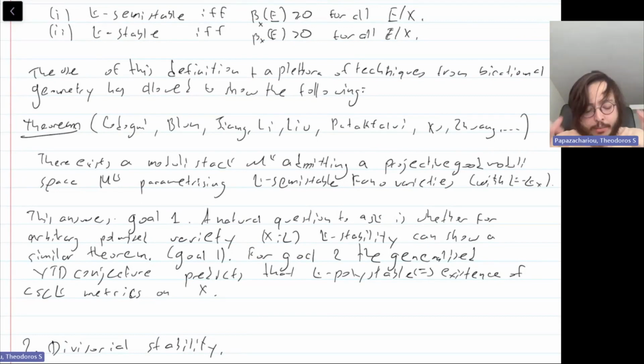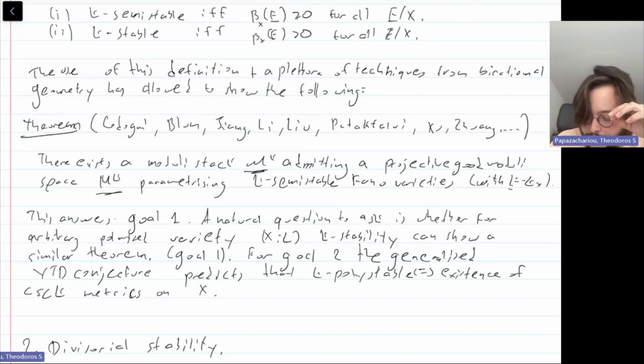But the key point here is that there exists a moduli stack, this curly M_K, which admits a projective moduli space, this M_K. So the moduli stack is parameterizing these K-semistable Fano varieties, and the projective K-moduli space parameterizes K-polystable Fano varieties.